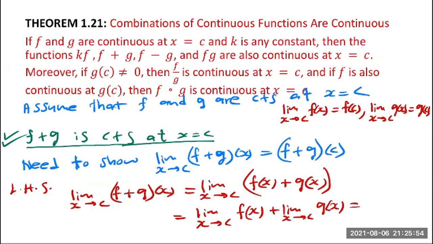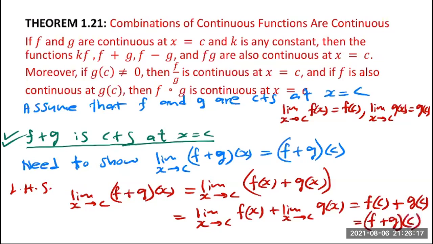But we already know that the limit as x approaches c of f of x is nothing but f of c, and the limit as x approaches c of g of x is g of c. This is nothing but, by the definition of the sum of two functions, f plus g of c.